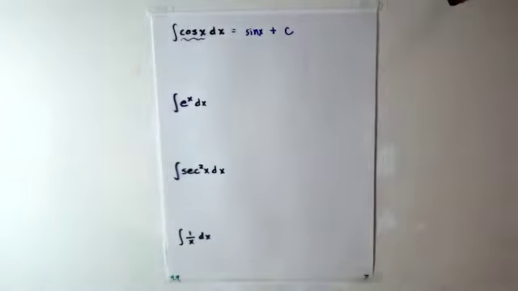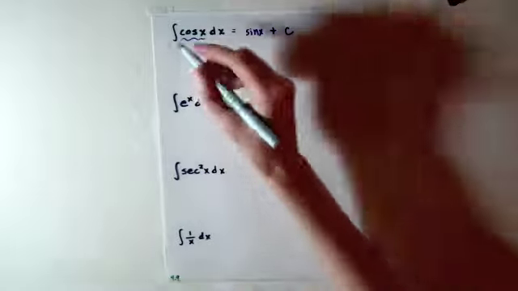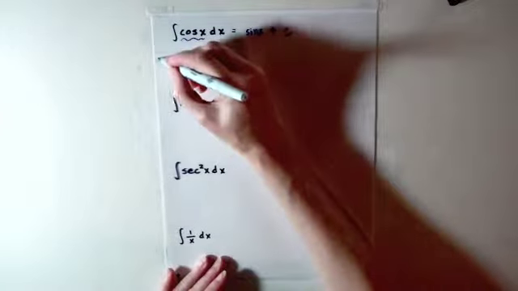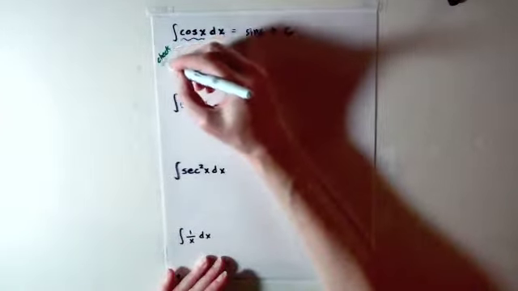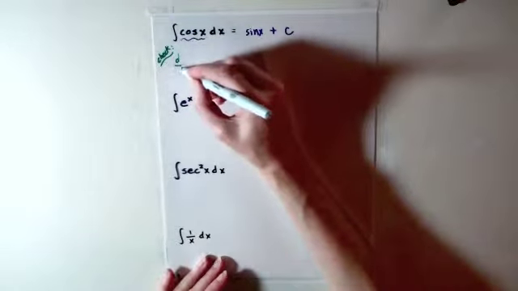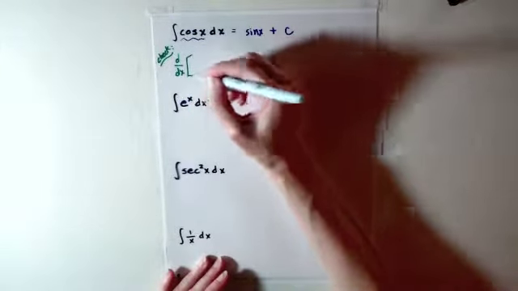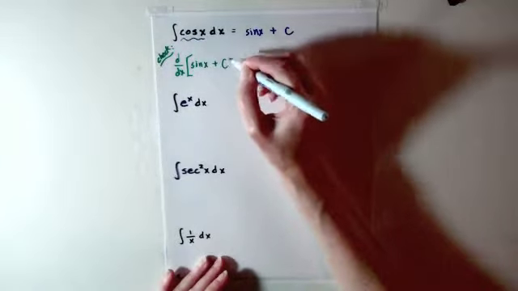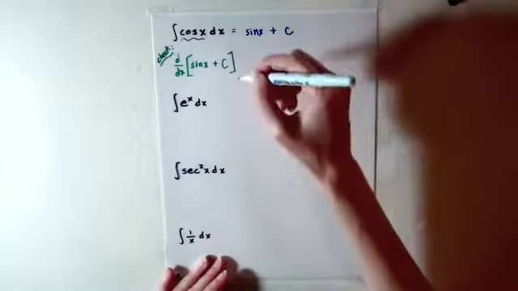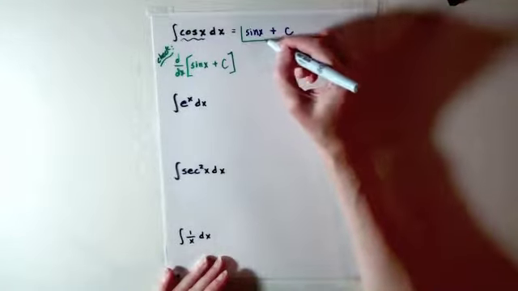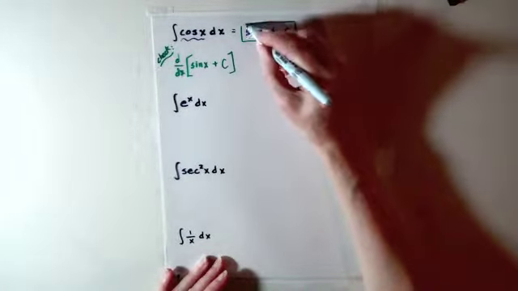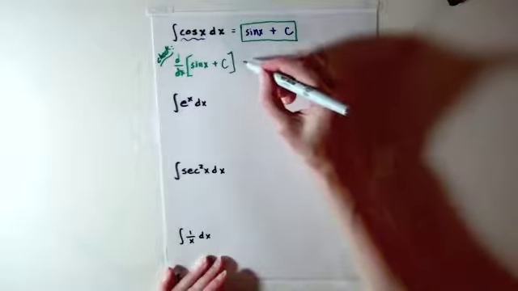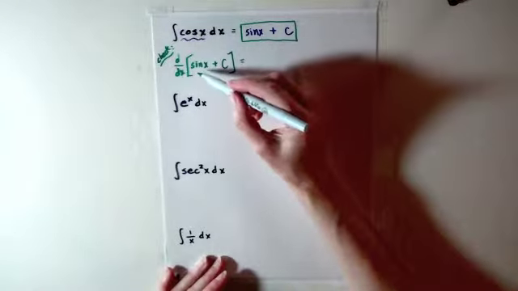And as usual, I can go back and check my answer either in my head, or I can go through and check it carefully. And if it's a more complicated function, you'll probably want to write it out rather than just checking it in your head. But if I take the derivative of sine x plus c, the thing that I am saying is the answer, the set of all antiderivatives of cosine x, I can check it by just going back and differentiating.